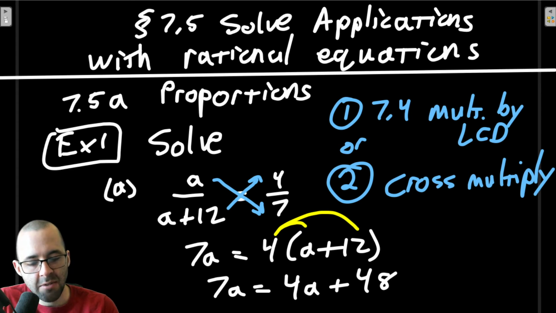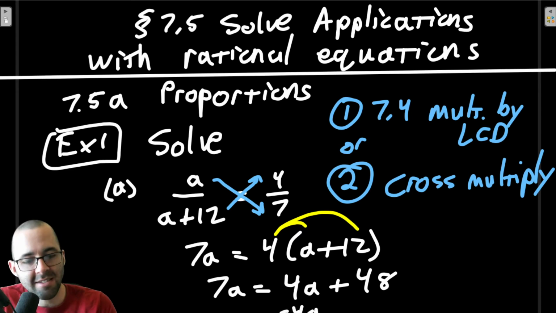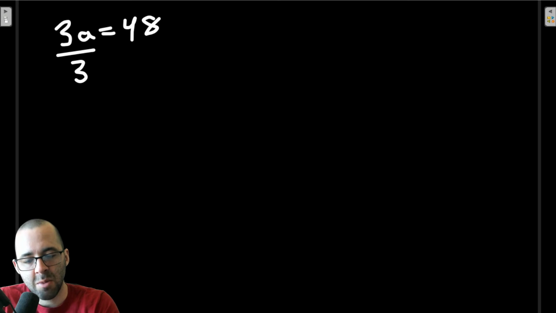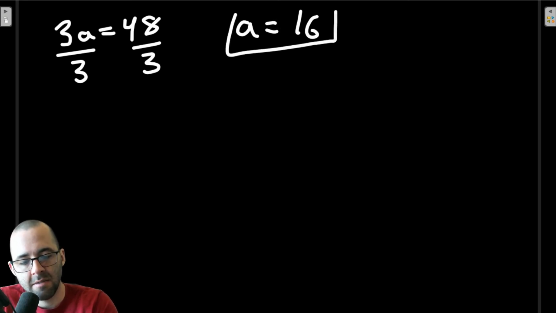We need to subtract the 4A from both sides, which I don't really have room for. You can't see that, but I promise it's there. We're subtracting 4A from both sides. That'll cancel this one out. We're left with 3A over here. 3A is equal to 48. And we almost have the A by itself. Divide both sides by 3, and we will get A is 16.